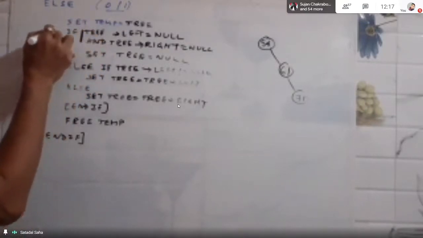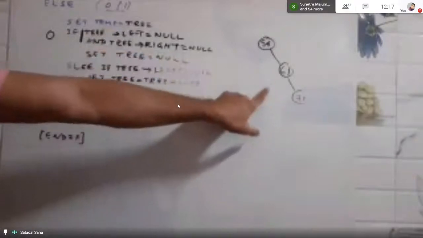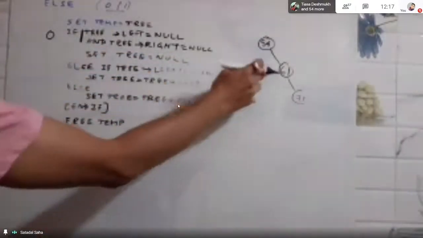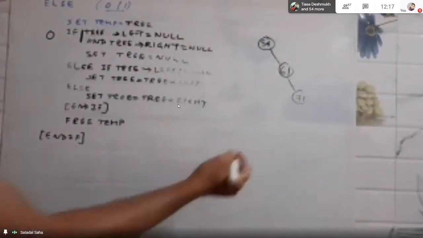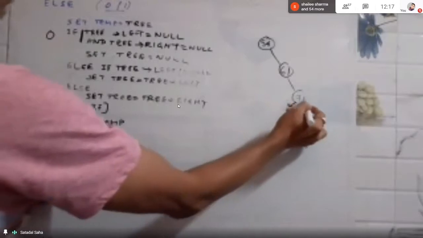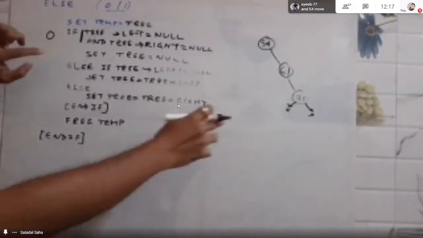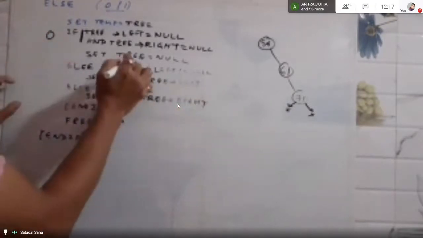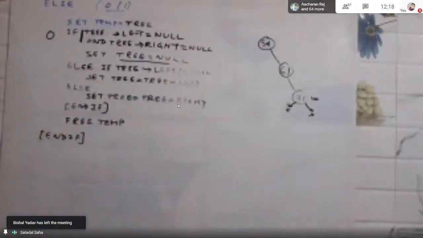So b power k is 9, which means a is less than b power k. Therefore, what is the condition? Condition is 3, and in that p equal to 0 is a subcase. Then t of n equal to theta of n power k log power p n. So what is it? Theta of, what is n power k? n square into log power 0 n, which is nothing but theta of n square.